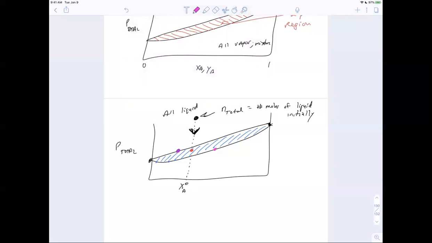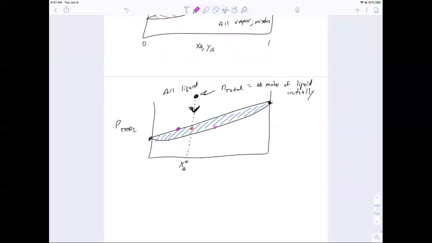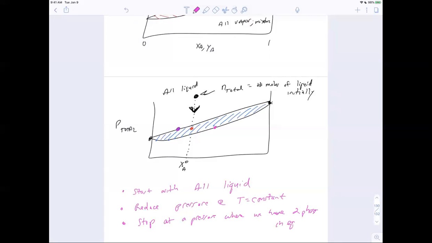All right, so now we know at that pressure that we ended up, we started with all liquid. And then we reduced the pressure at constant temperature. And then we get to a point, in this case, we're just going to stop at a pressure where we have two phases in equilibrium.